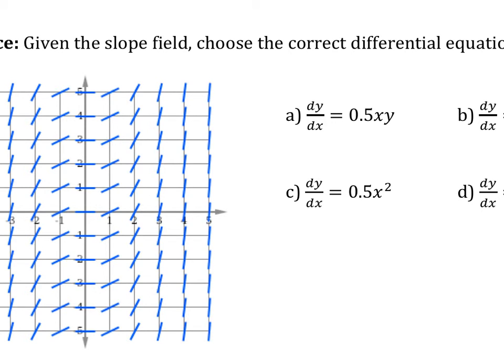No matter how much I go up in y, it's not going to affect my slope. So y doesn't matter, which means there's probably no y in the differential equation. What do you guys think the answer is? The only one without a y. Yes.